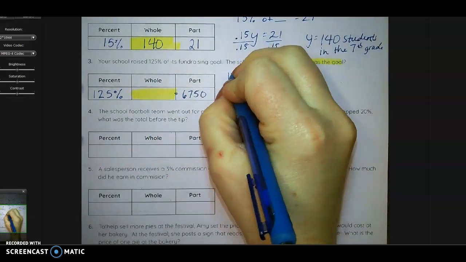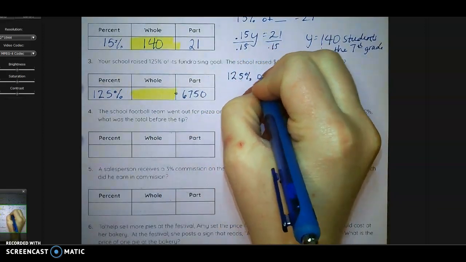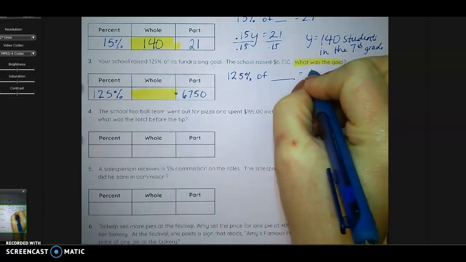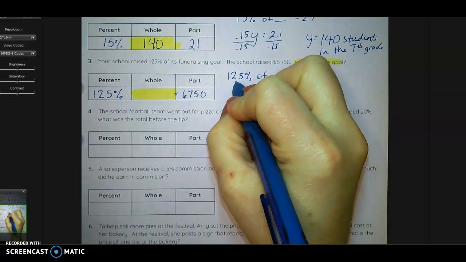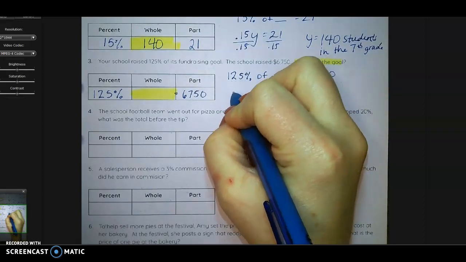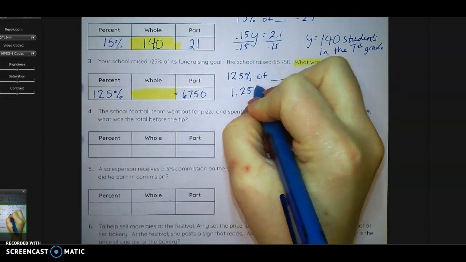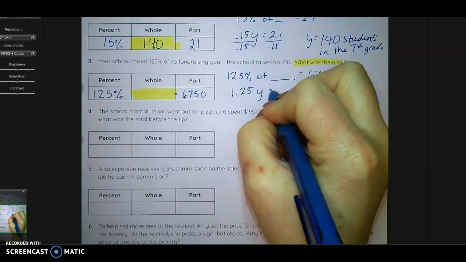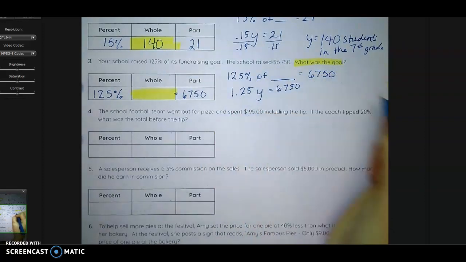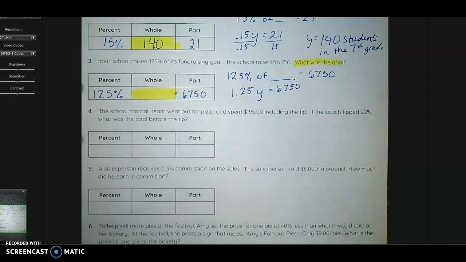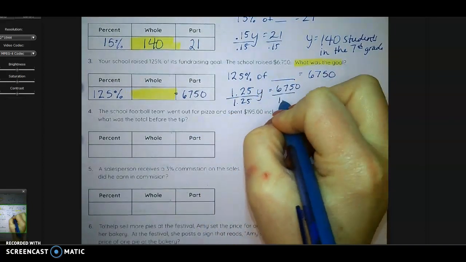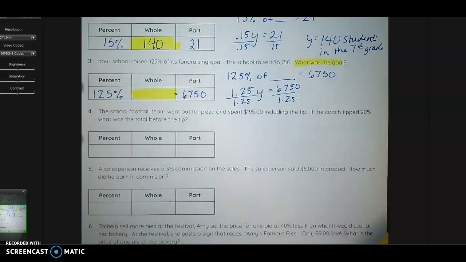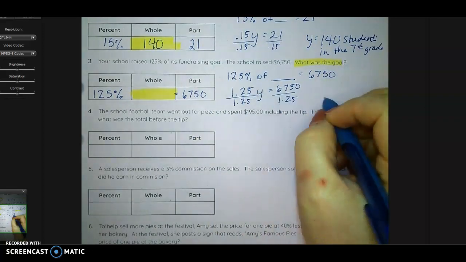So I need 125% of something equals $6,750. Remember, this is like 125 pennies, so this is like $1.25 of, once again, a variable. Just like y today, it doesn't matter, you can pick whatever variable you want. And I'm going to divide both sides by that 1.25, or 1 and 25 hundredths.